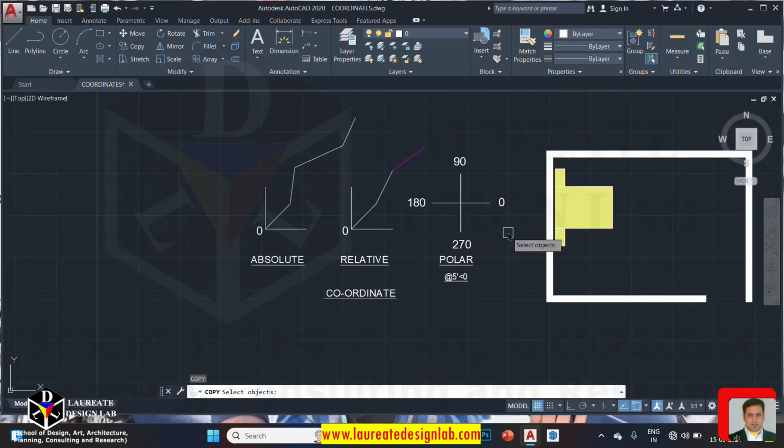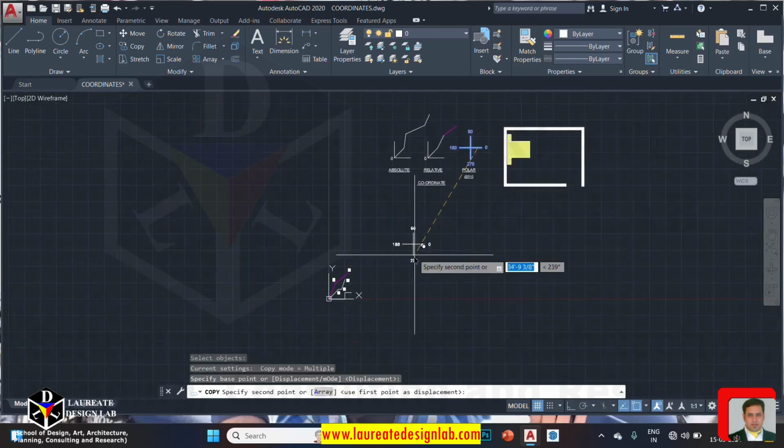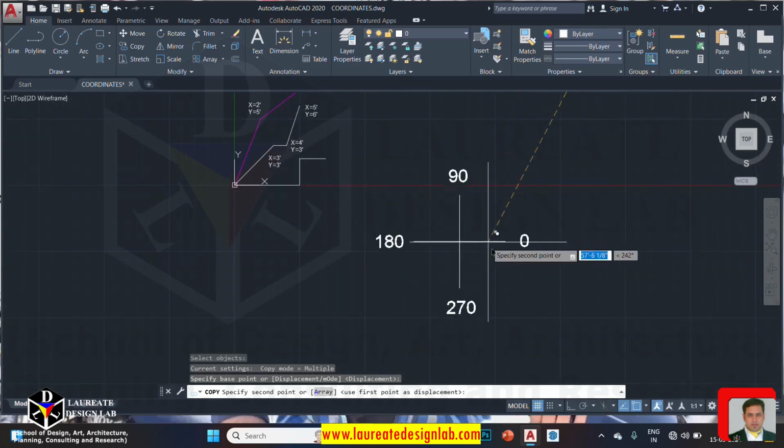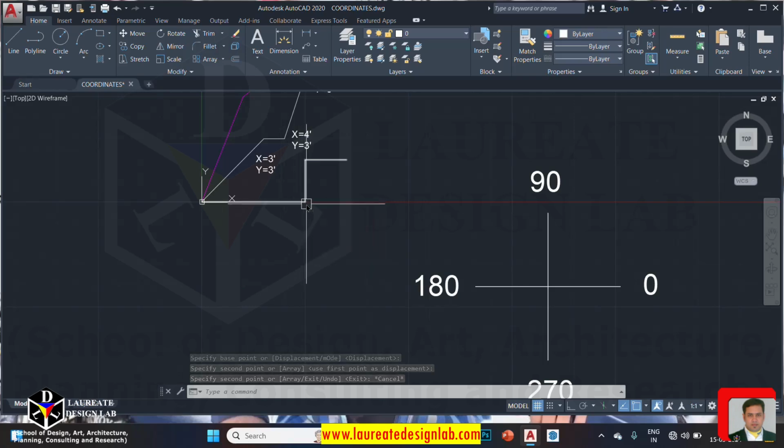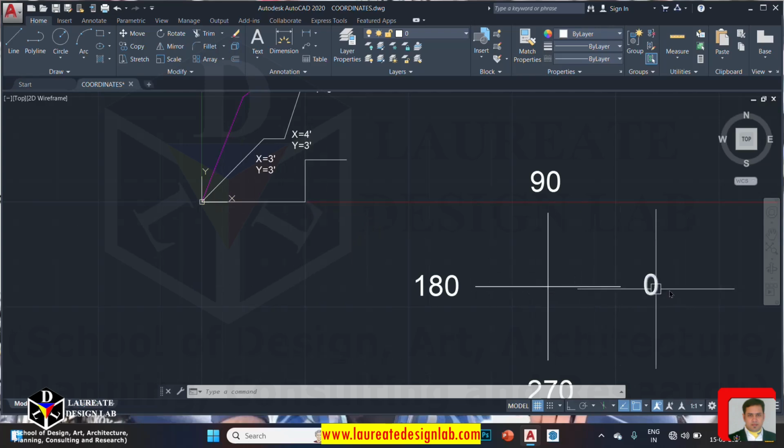I'm going to copy it so that it goes to the practice point, and let's keep it here. So for this particular point which I have made, I have given distance and the 0 degree because this is coming to the right side from the origin point. If I'm going to go up, now the origin shifts from here to here. This plus symbol, let's make it a smaller plus symbol.